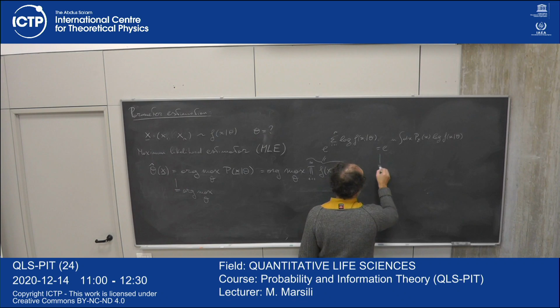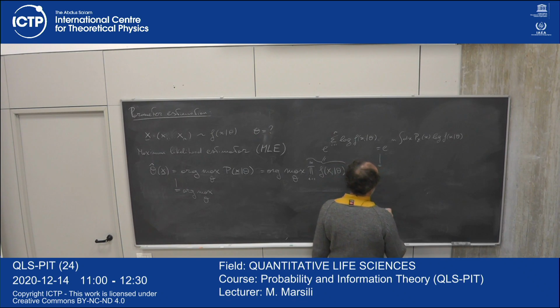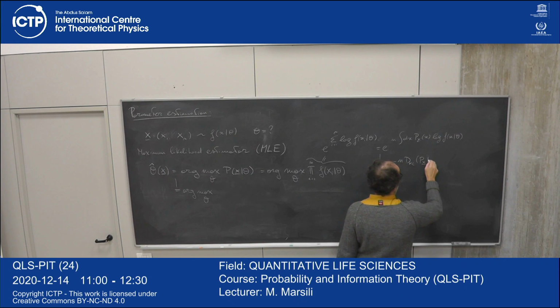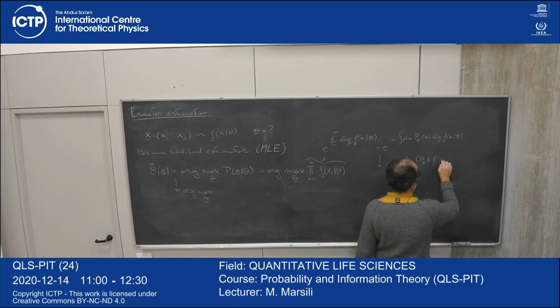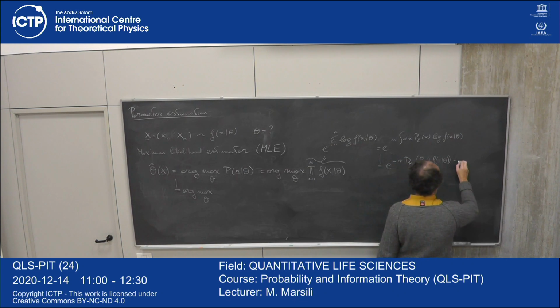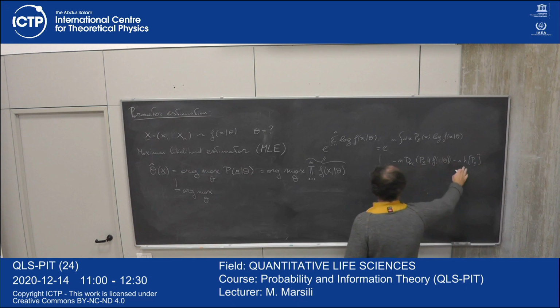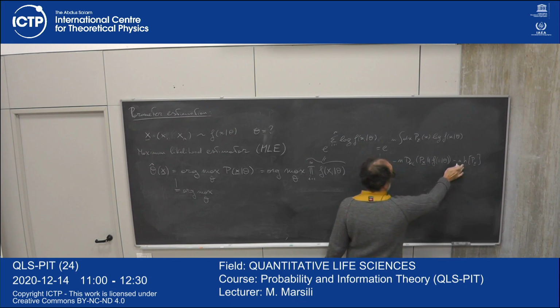And this, as usual, can be written as e to the minus n times the DKL of the sample from f, the distribution f theta, minus n times the differential entropy of the type. Okay? But this last term is a constant, it does not depend on theta.